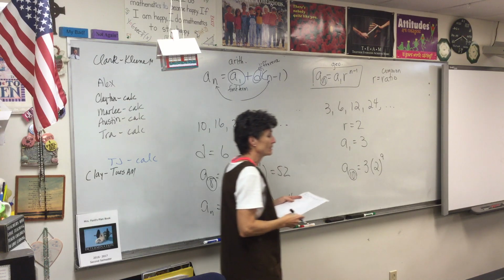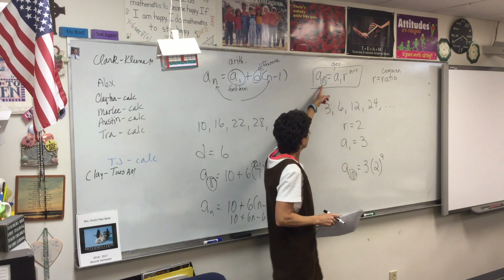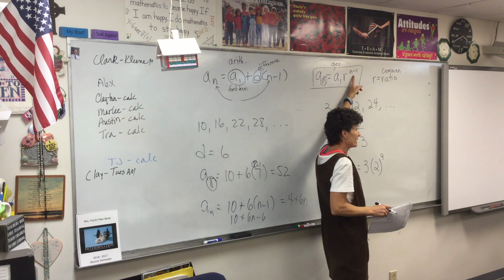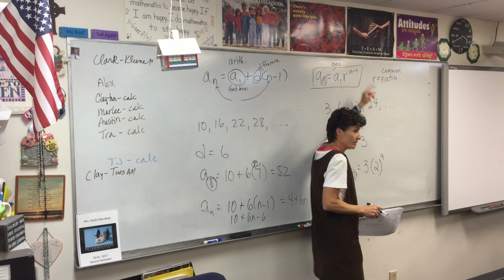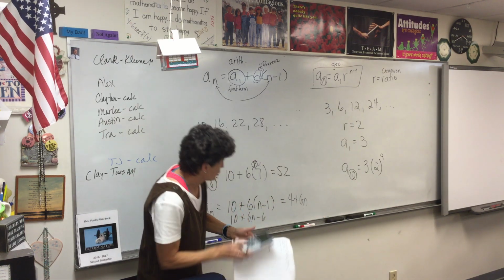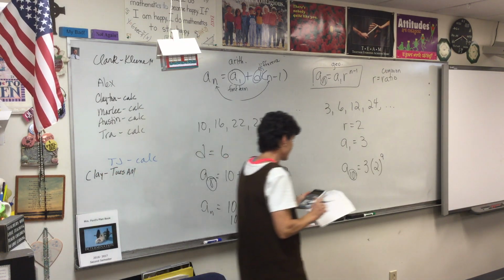You're finding a sub 10. N is 10. Your exponent then is 10 minus 1, 9. So that's going to be a big number. Geometrics are big. 3 times 2 raised to the 9th.